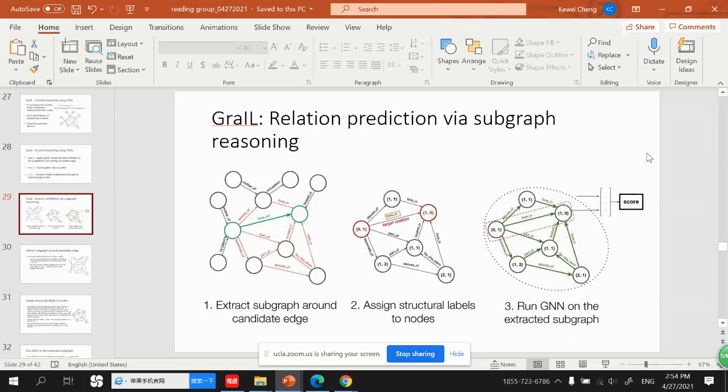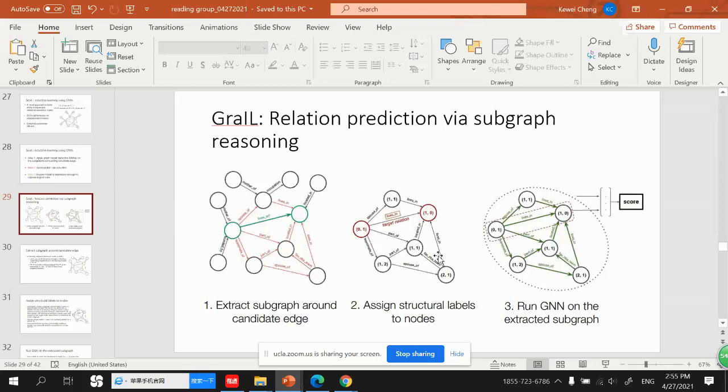If we cannot distinguish between r1(x, y) and r1(y, x), we are unable to learn the rule correctly. That is why they no longer use the same structure label mechanism as the first paper.